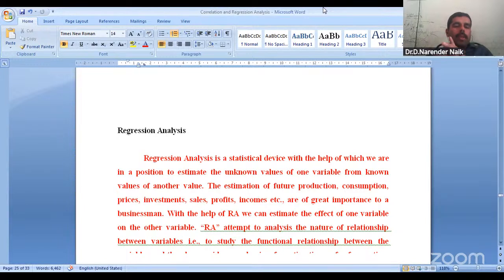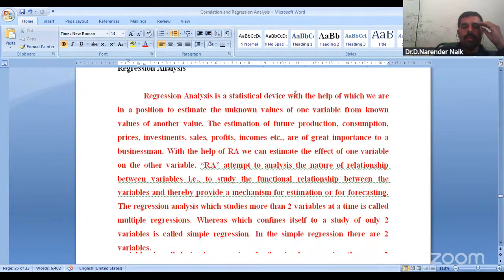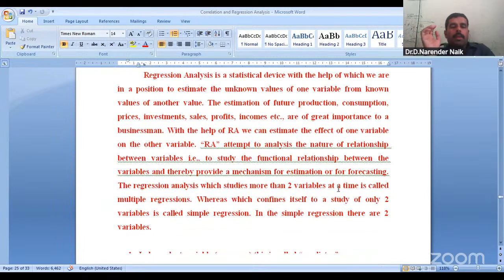With the help of regression analysis, we can estimate the effect of one variable on the other variable. So regression analysis attempts to analyze the nature of the relationship between variables, that is, to study the functional relationship between the variables and thereby provide a mechanism for estimation or for forecasting.